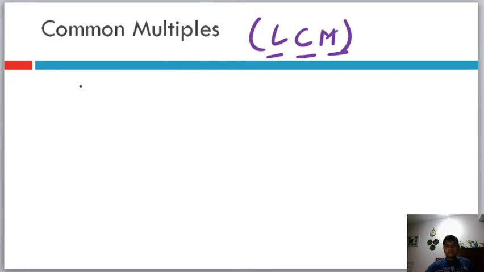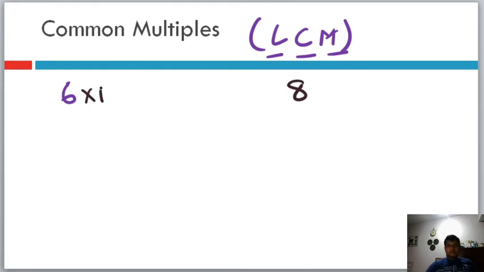So again, let's start with a simple example. Let's start with 6 and the other number, let's say 8. So let's start with 6 here and 8 here. Okay.